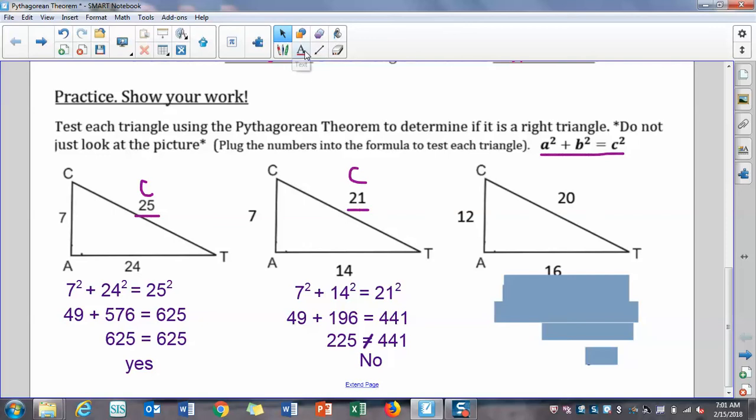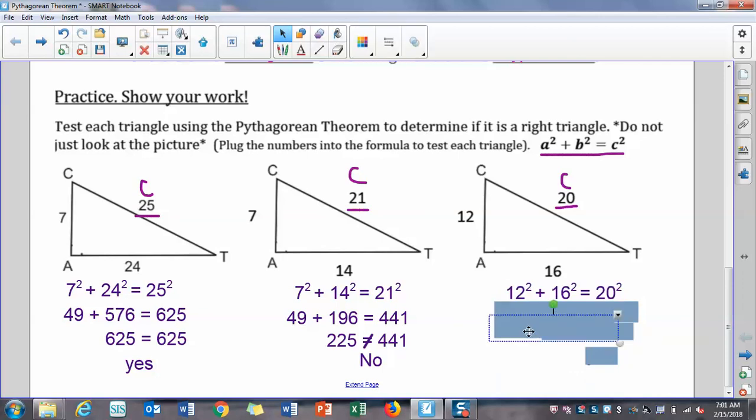Looking at our last example here, we have 12, 16, and 20. Again, the longest side of the triangle is 20, so that's going to be our c. So we have 12 and 16. Again, 12 and 16 can be interchangeable for a and b. It does not matter, as long as the longest measured length is our c. So we have 12 squared plus 16 squared equals 20 squared.